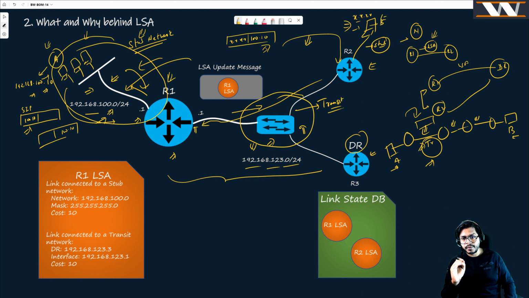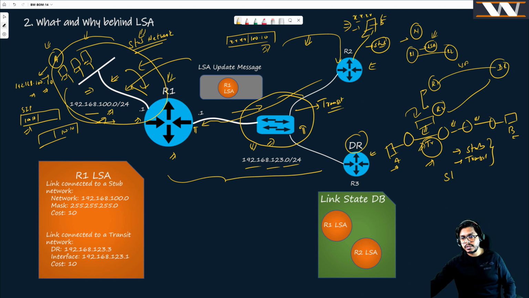But why are we talking about it? What we have discussed now is the concept of stub network, and the second thing is the concept of transit network. And believe me, guys, whatever I am explaining to you is going to be very, very useful when we talk about the LSAs and when we build your complete picture from the database, right?